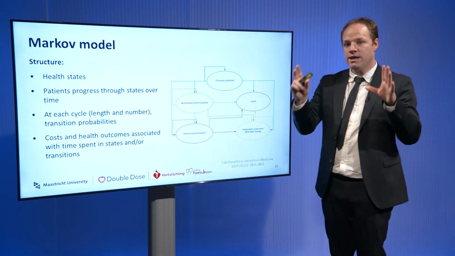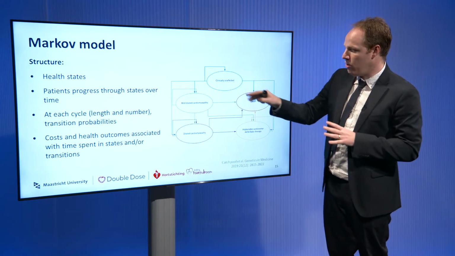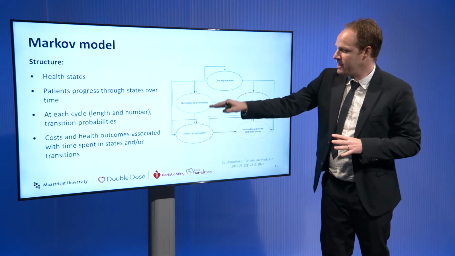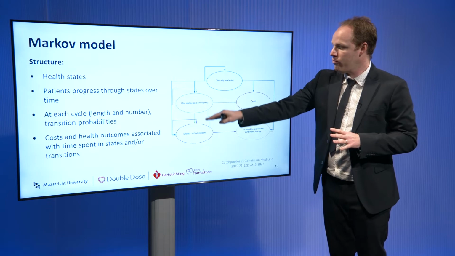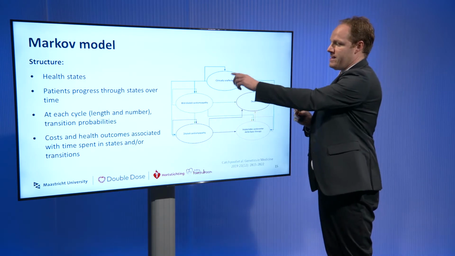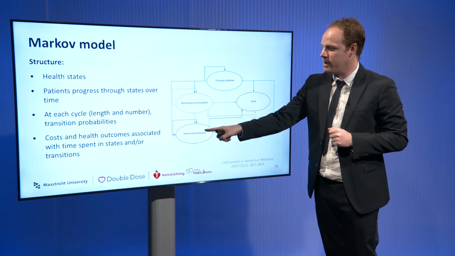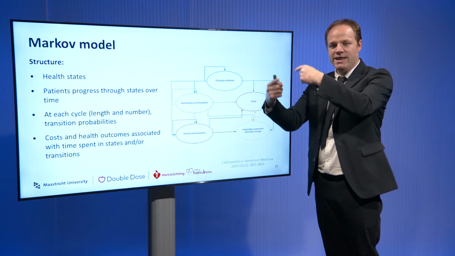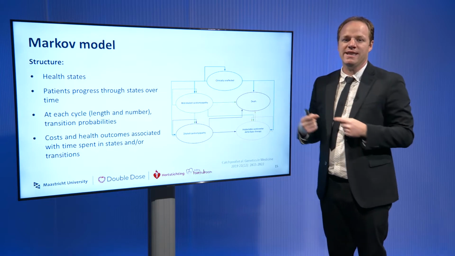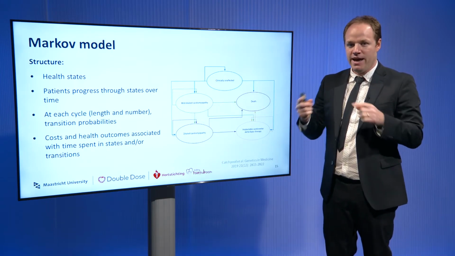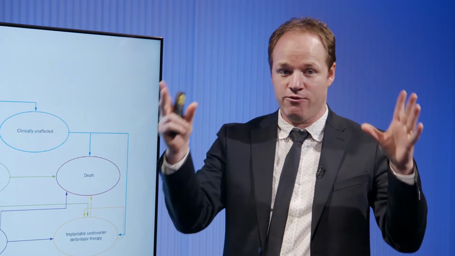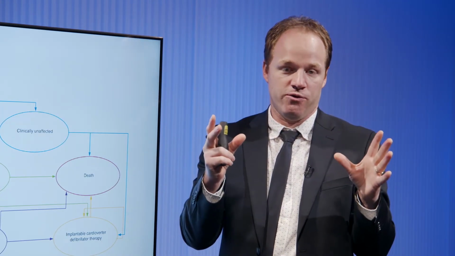And thus, for one intervention, we will follow each individual patient over time. A patient could, for example, move from this health state to this one, stay 10 years in this one, then 2 years, and then you just sum up the cost and the utilities in every cycle. You do it for one patient and then for thousands of patients, and then you get the average cost of your intervention.